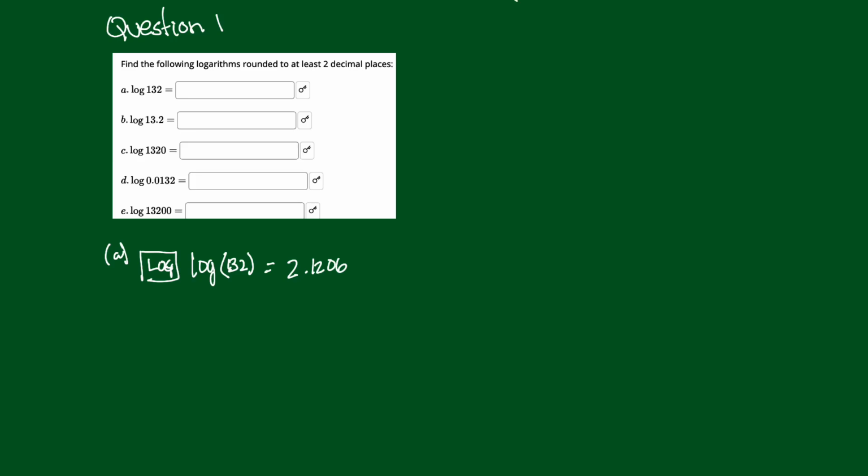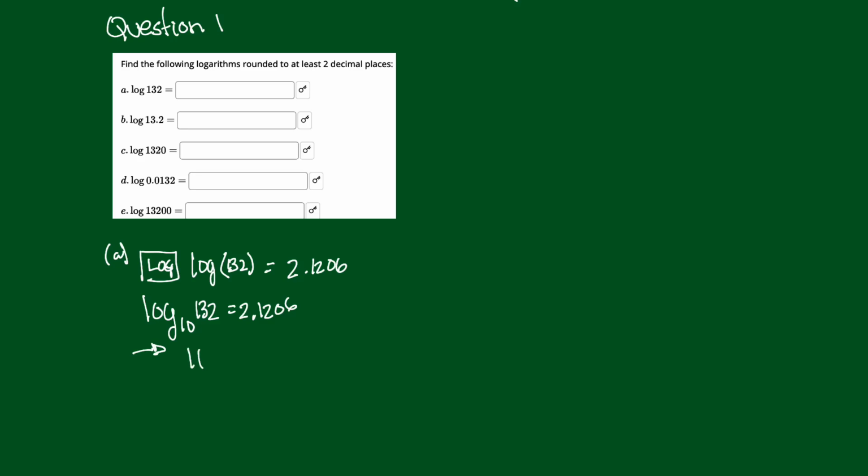And for this problem, let's give some meaning to this. We're saying that the logarithm, or the log, base 10 of 132 is equal to 2.1206. Now, here's what this means. We know that logarithms are exponents. So the exponent, 2.1206, goes on the base 10.